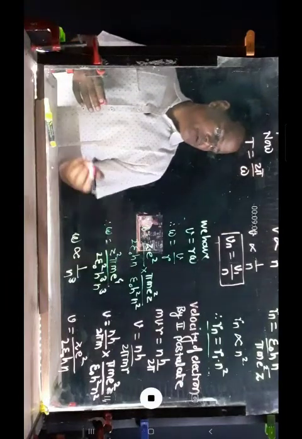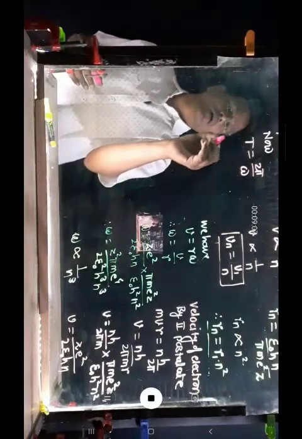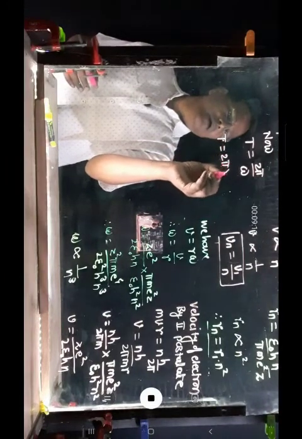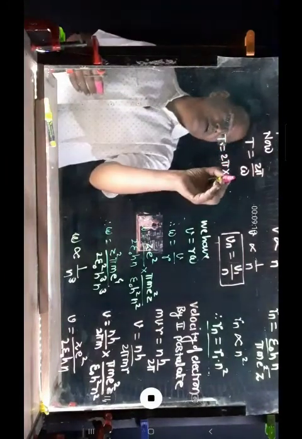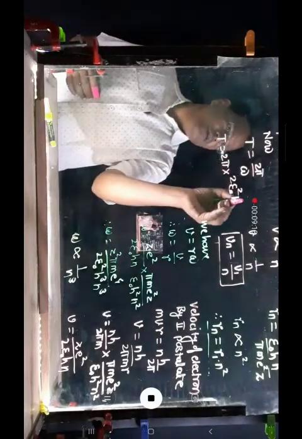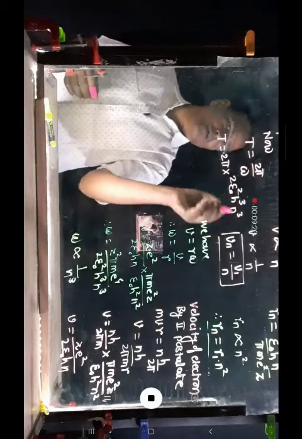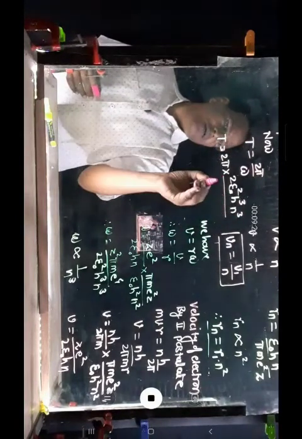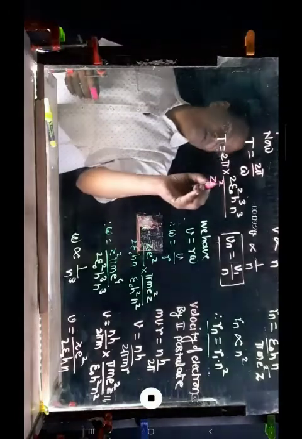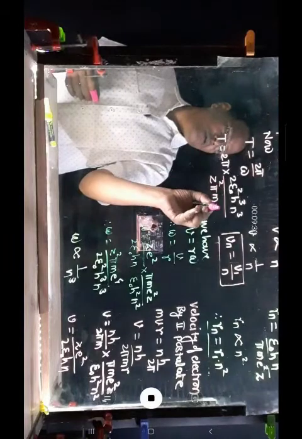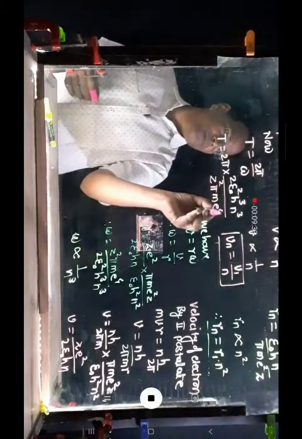Substituting omega, T is equal to 2 pi into 2 epsilon naught square h cube n cube divided by Z square pi m e to the power 4.